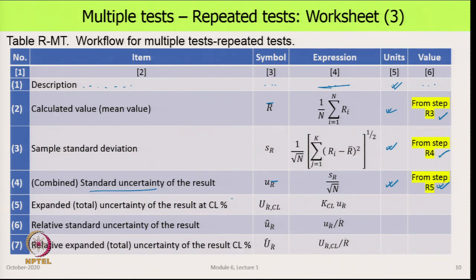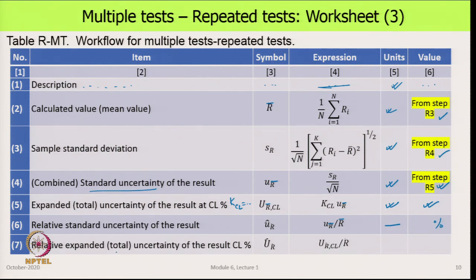Then we decide what is the value of KCL we want, and we make the expanded uncertainty. This is R bar and this is U R bar, multiply the two, units are the same, and we can write the value over there. Then the relative standard uncertainty is U R bar divided by R bar, this has got no units, and we can write the value over there and express it as a percentage if we want that.